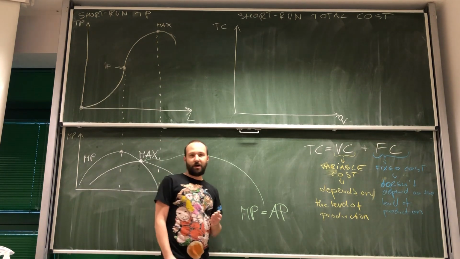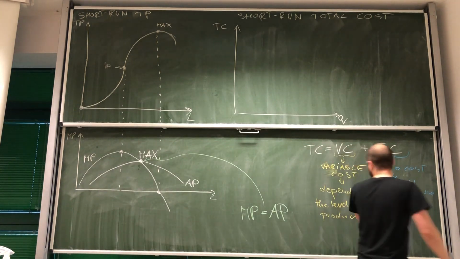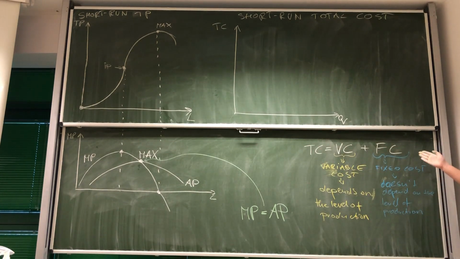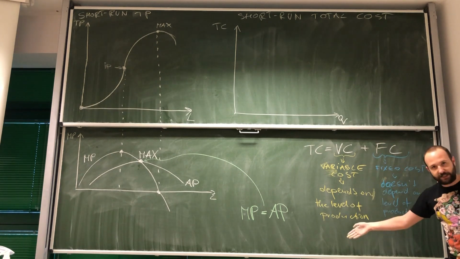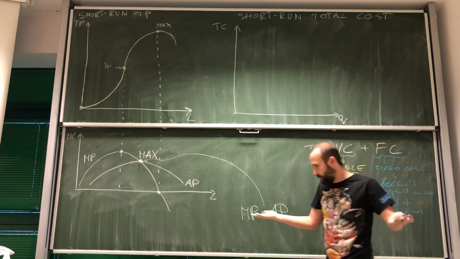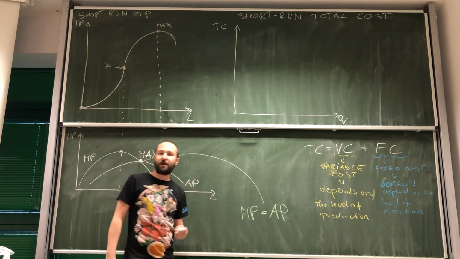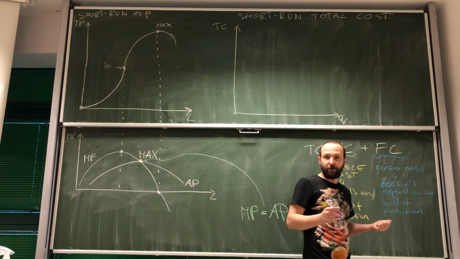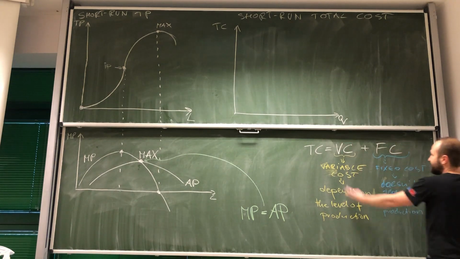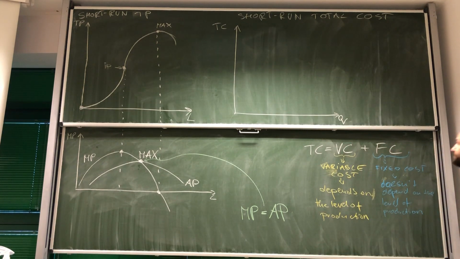Now, variable cost is that if you're going to produce more cars, you're going to use more parts. Of course, this is part of variable cost. If you want to produce more cars, you're going to hire more people. So this is variable cost.